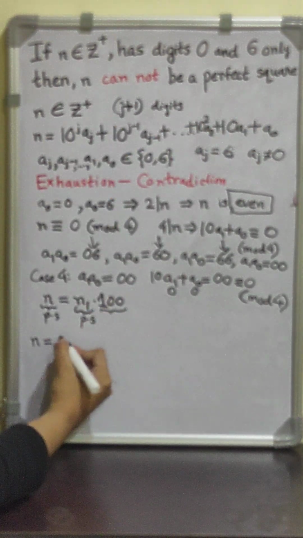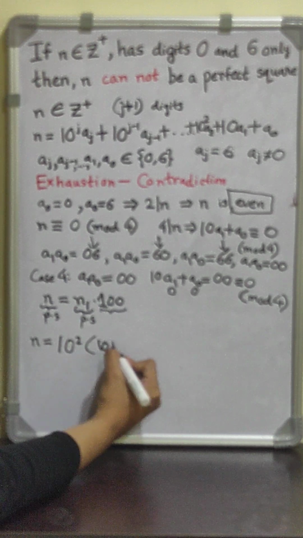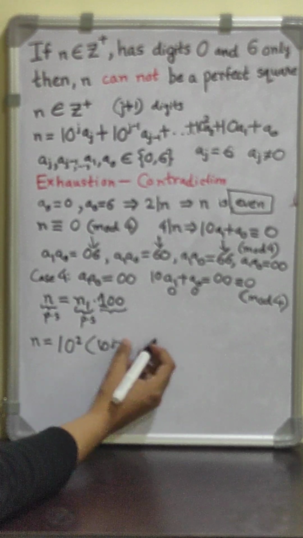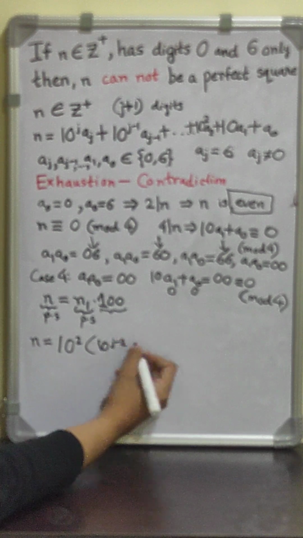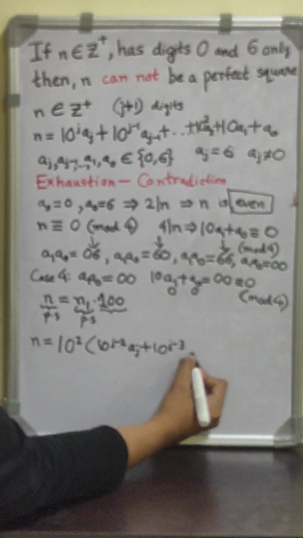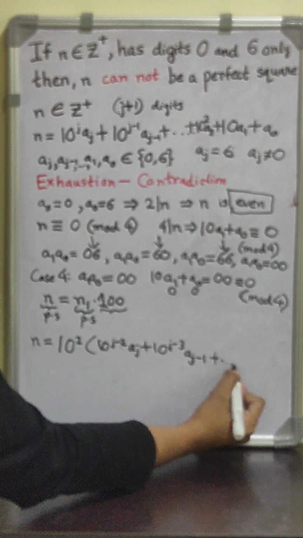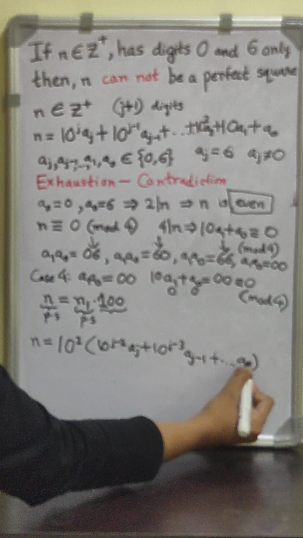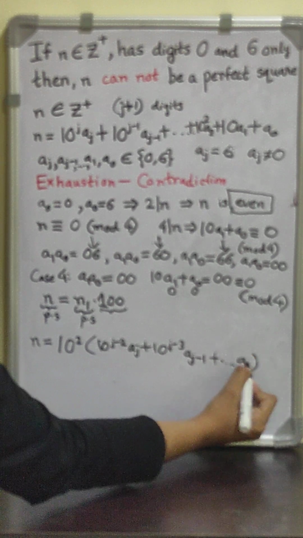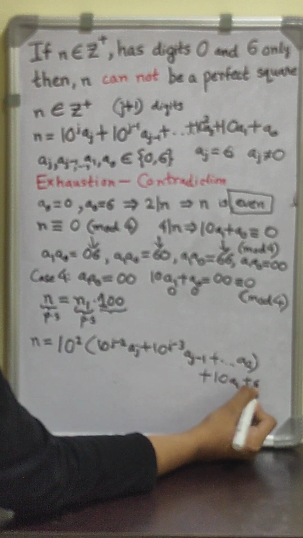I write something like 10 raised to j minus 2 times a_j plus 10 raised to j minus 3 times a_(j-1) plus all the way down to a2, plus 10 a1 plus a0.